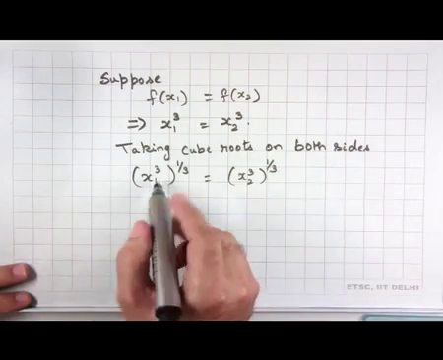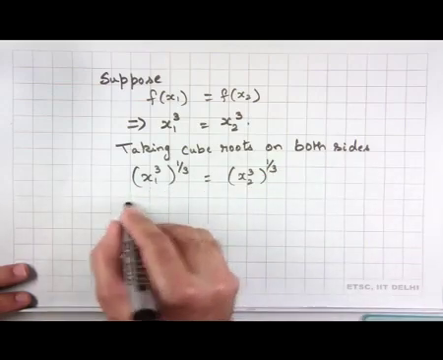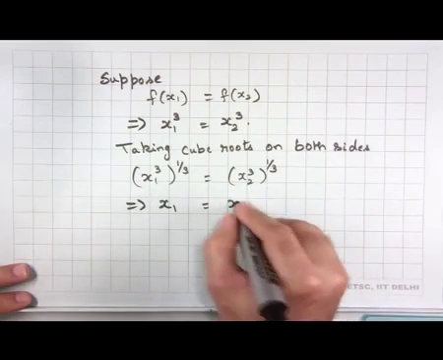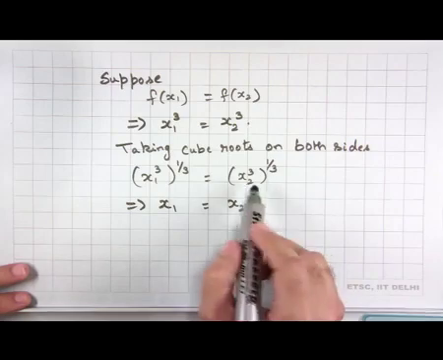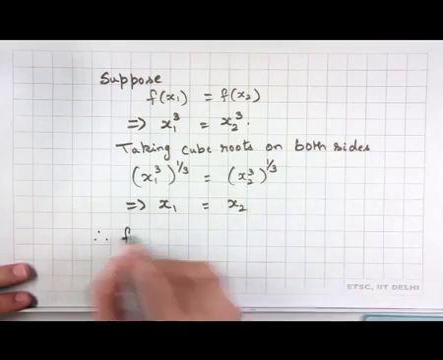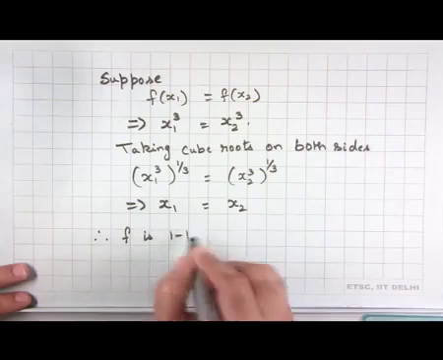Now, the cube root of x1 cube is going to give you x1, and similarly on the other side we have x2, because the cube root of x2 cube is x2. Therefore, f is 1-1.